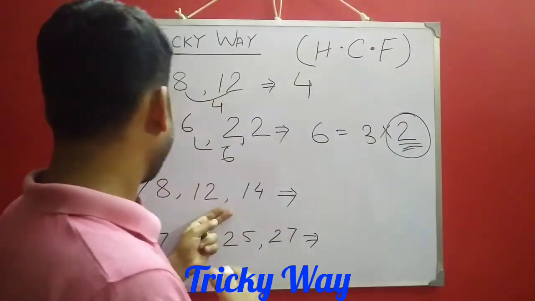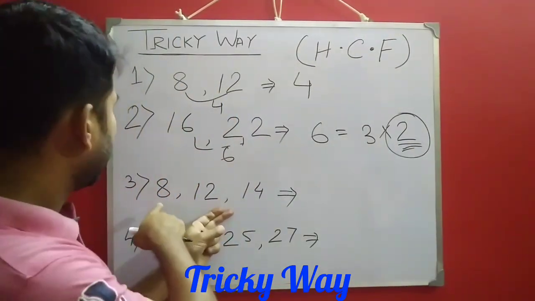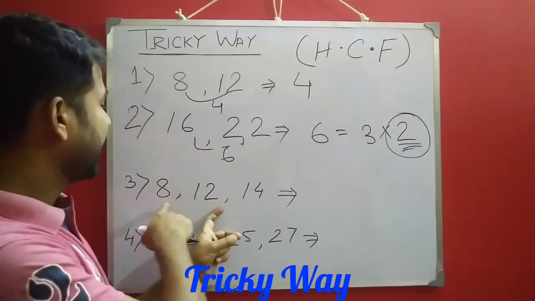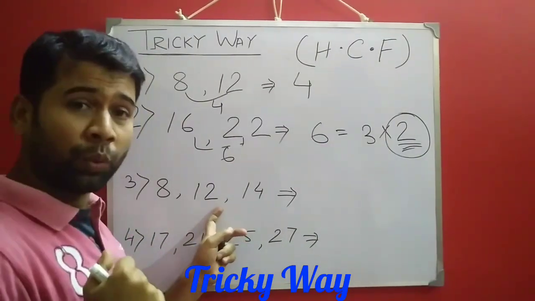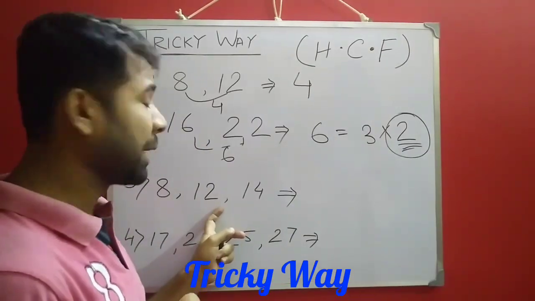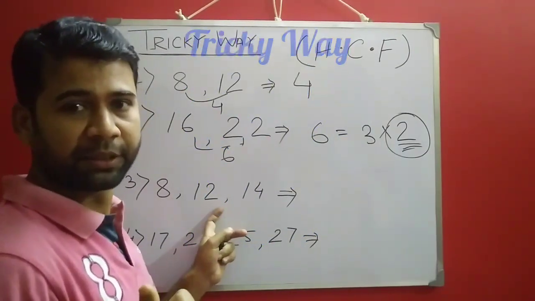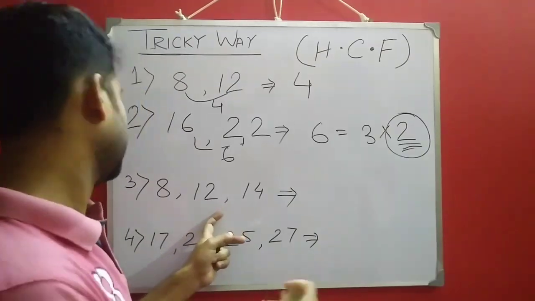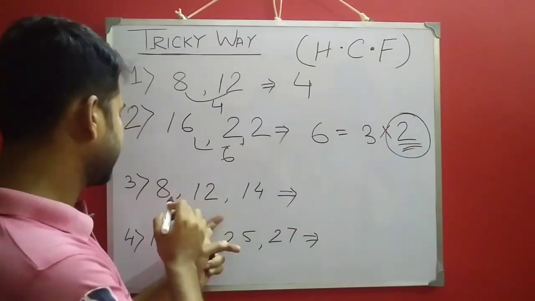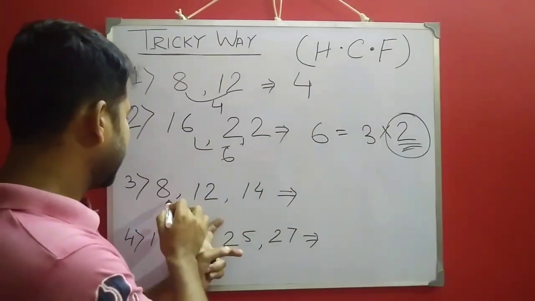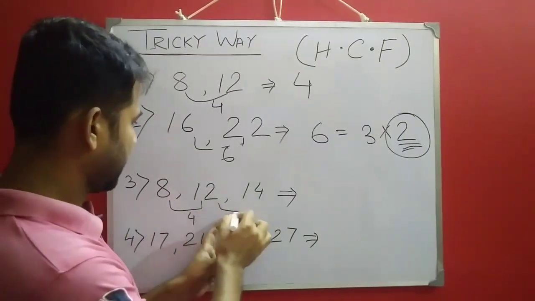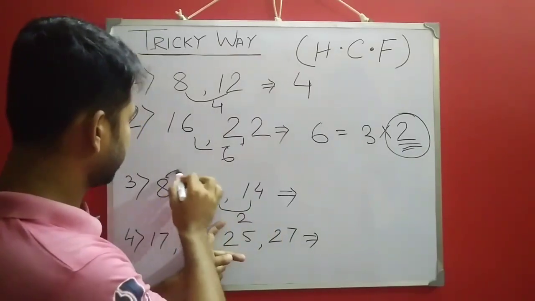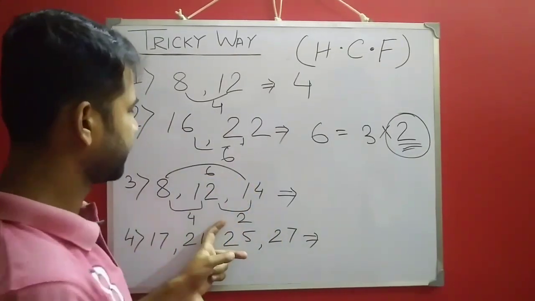Clear? Our next problem is here. Three numbers are given. For this case, we calculate the least difference. Is it clear? It means the differences between the numbers are 4, 2, 6.